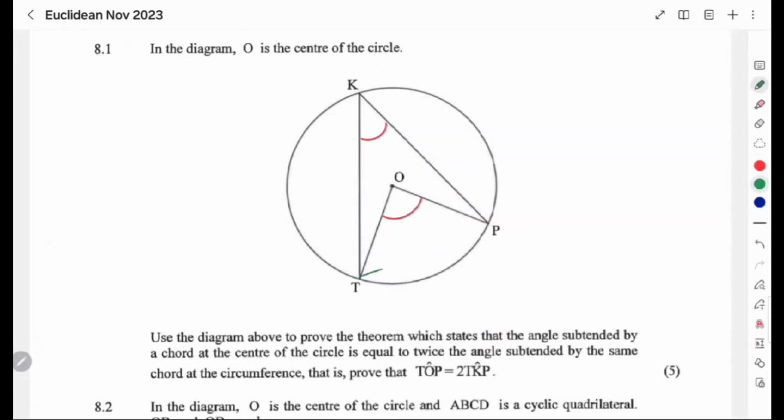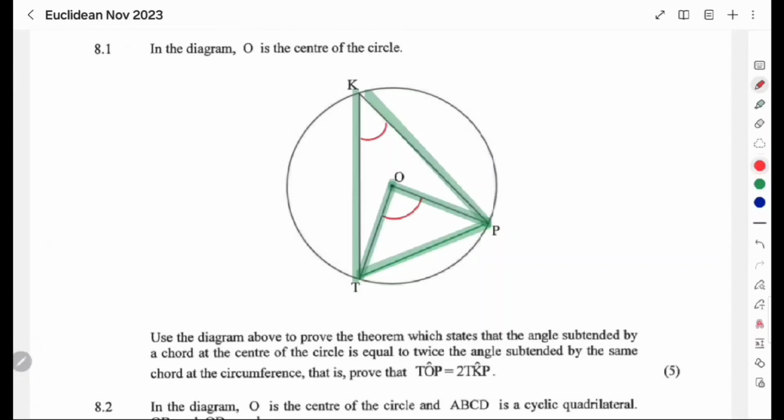Reason being is that the chord TP subtends both the angle O and K. However, what is important is that the angle O is subtended at the center, whereas the angle K is subtended at the circumference. So when a chord subtends one angle at the center and another angle at the circumference, take note that the angle at the center will always be double the angle at the circumference.